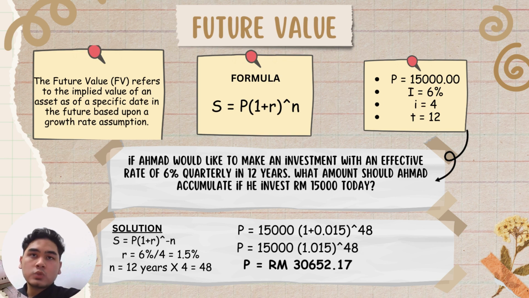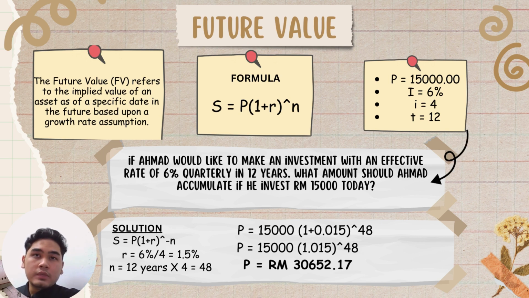If Ahmad would like to make an investment with an effective rate of 6% quarterly in 12 years, what amount should Ahmad accumulate if he invests 15,000 today. So let's apply the formula given in order to find the future value of Ahmad investment.